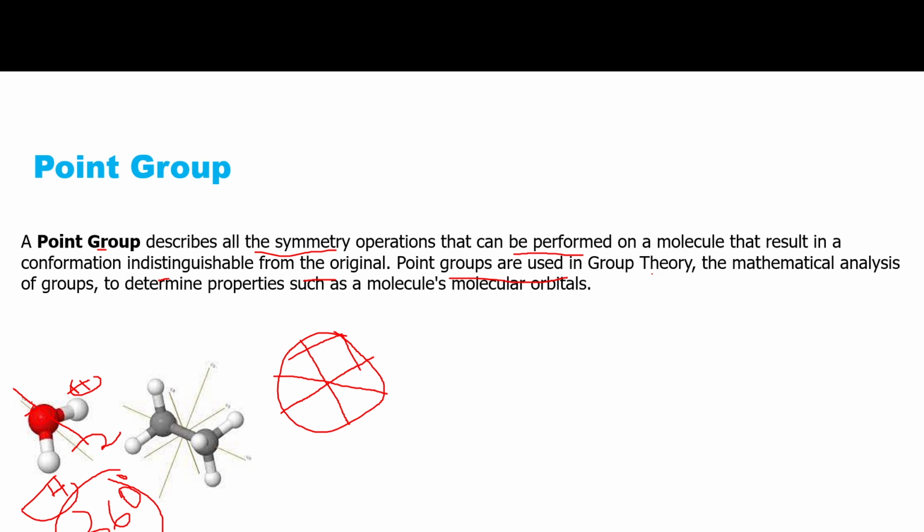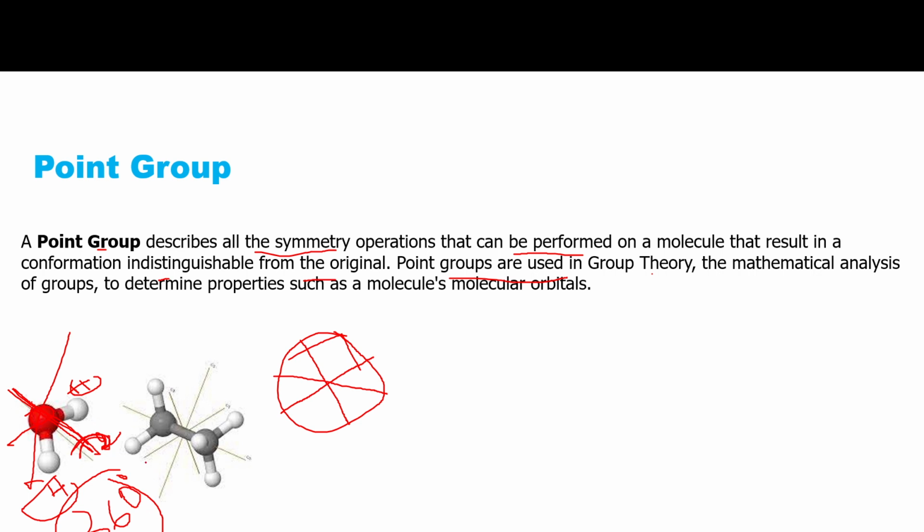But 180 degree rotation only from this side. If it is possible to rotate the molecule 180 degrees, then it will remain the same. But if you rotate this molecule 180 degrees from this side, this hydrogen will not be at a similar position; it will come from the far side. So only this side is possible to rotate this molecule 180 degrees.